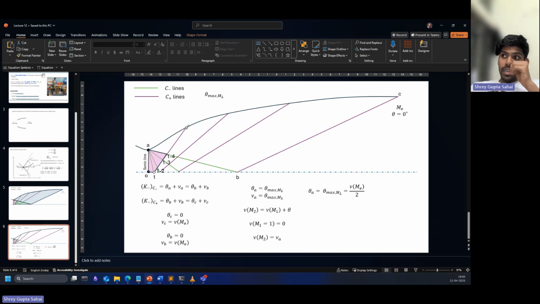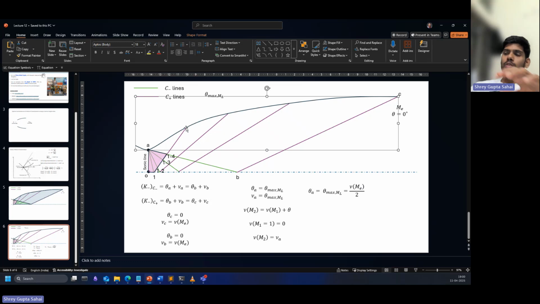What demarcates this point and this point has to be the average slope. So we know there is a local slope associated with A, and there will be a local slope associated with this point also.